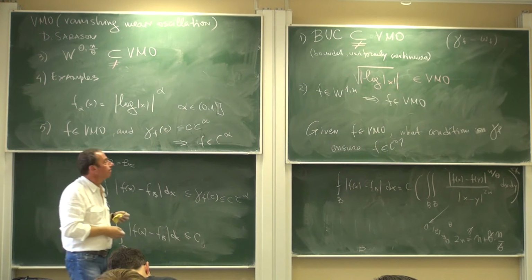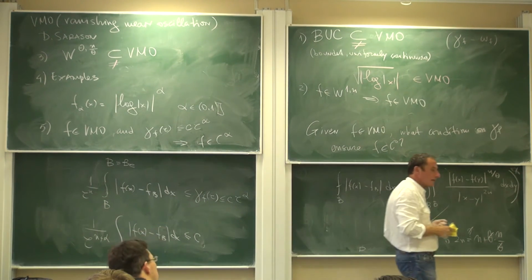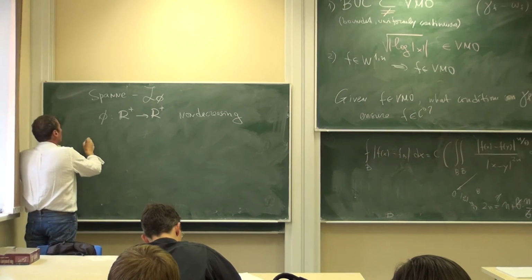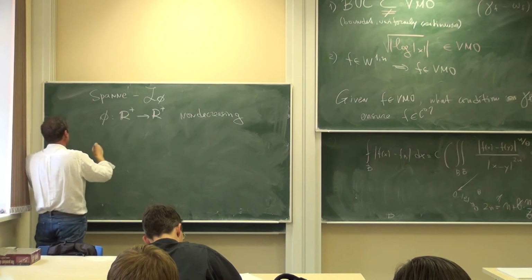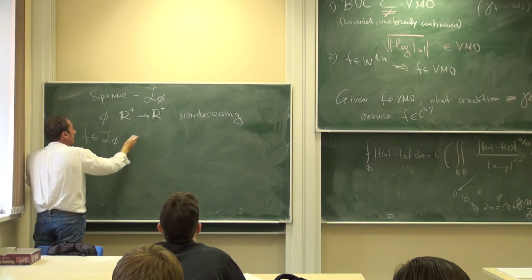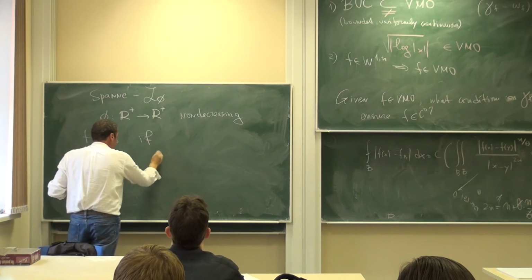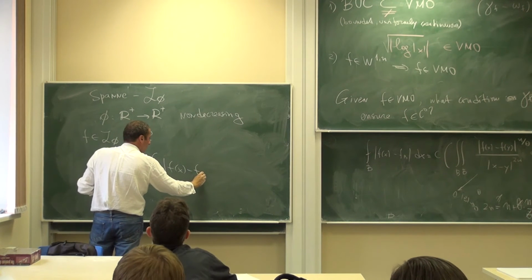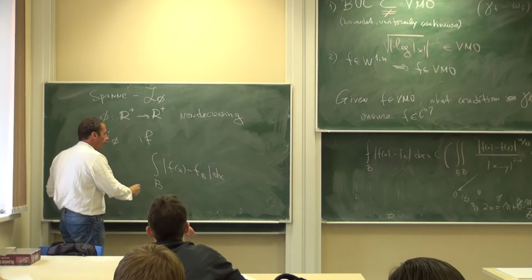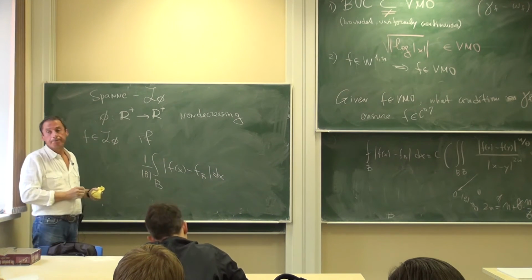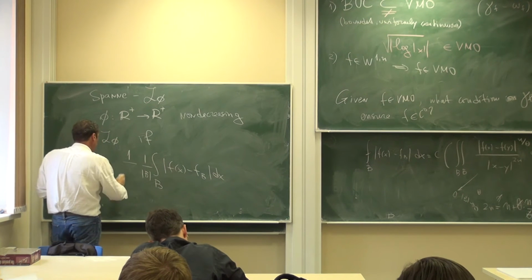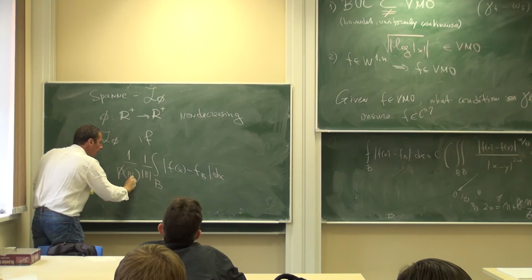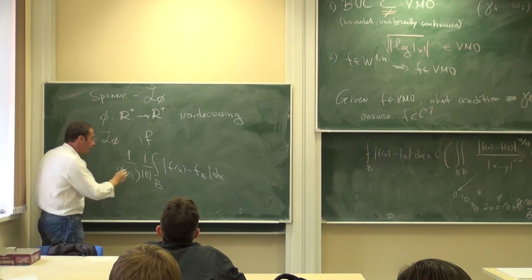Maybe the most exhaustive answer to this question was given by Spanne, and he defined the space L phi in this way. So f is in L phi if the following quantity is bounded. As before, you are considering the mean oscillation, but there is another correction term, which is this function phi taken in the measure of B raised to 1 over n.